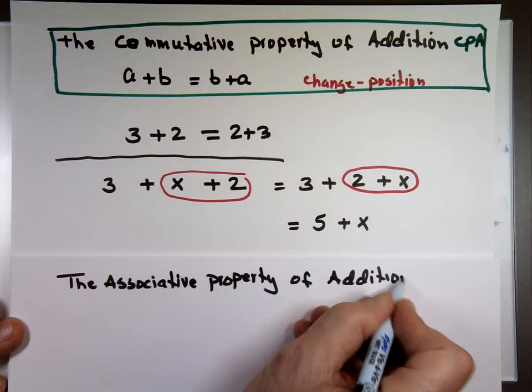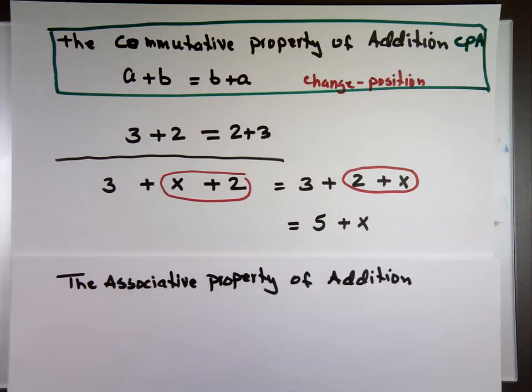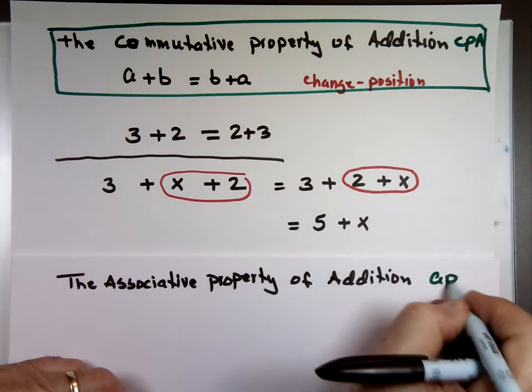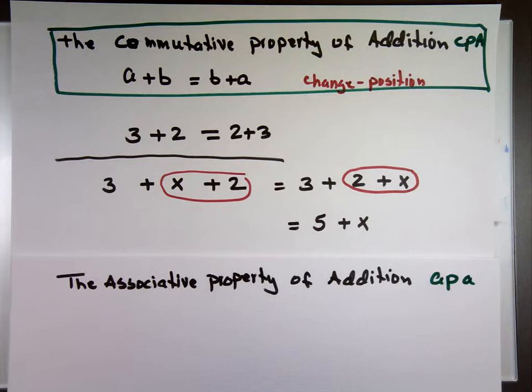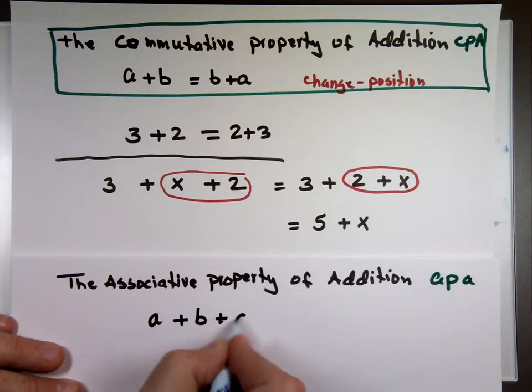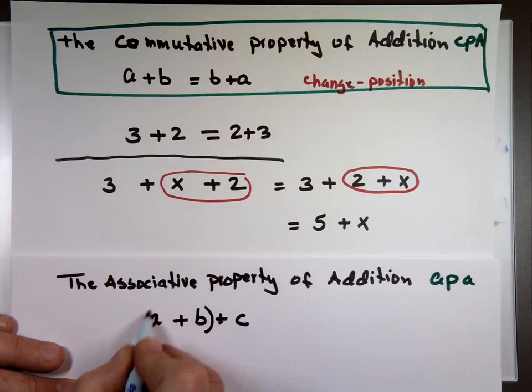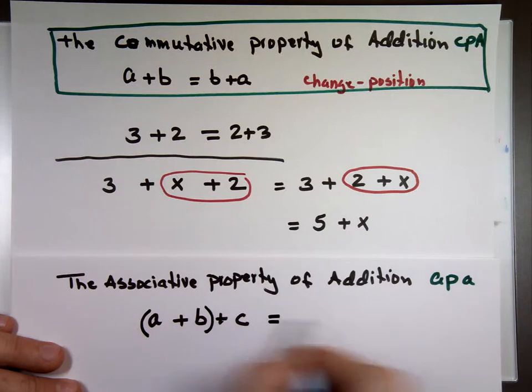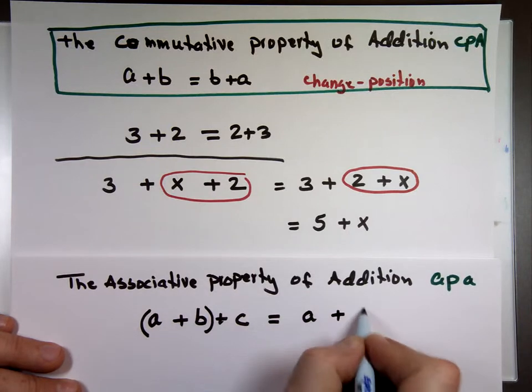We have to know the names for them. I call that APA, Associative Property of Addition, APA. And what the rule is saying, if you want to add three numbers, A plus B plus C, that's the same as A plus B plus C.